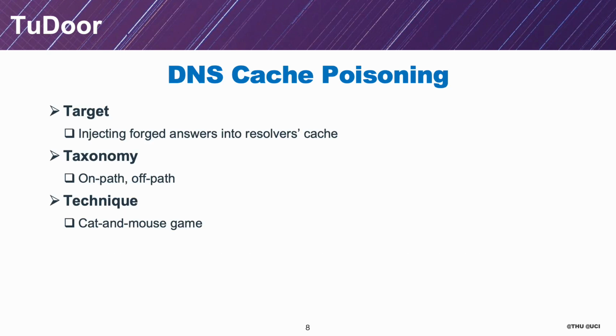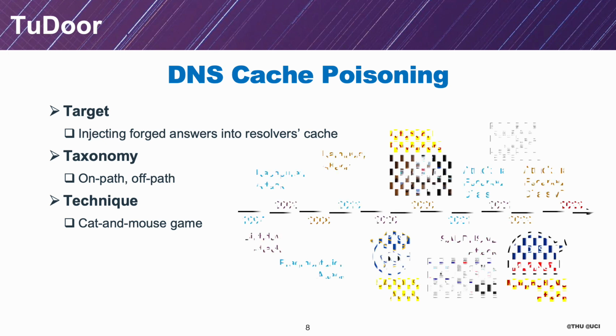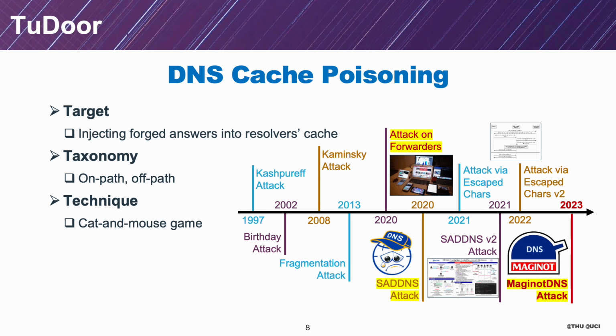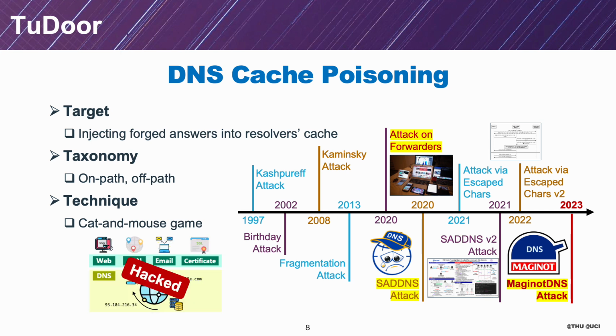To inject forged answers, there are two ways, the on-path and the off-path. The on-path attacker could observe the network link and return a response directly, while the off-path attacker needs to guess the identification fields. And DNS cache poisoning is like a cat and mouse game. After it had been disclosed, new attacks have been continuously developed.